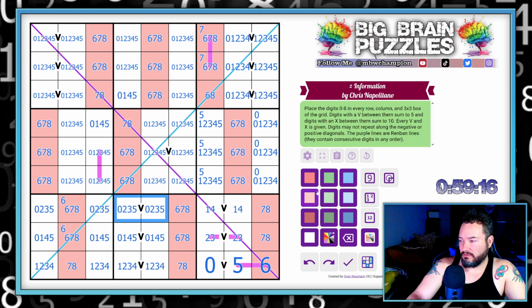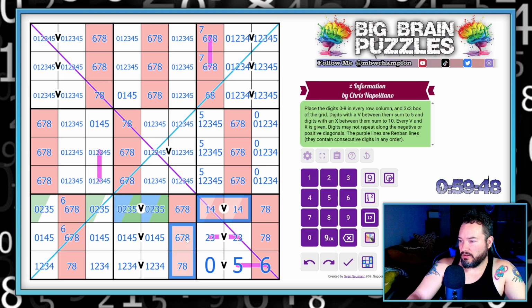If I'm saying that this is a 2 and a 3, then these ones are going to be a 0 and a 5. Meaning these are going to be our... I don't like that I used these.